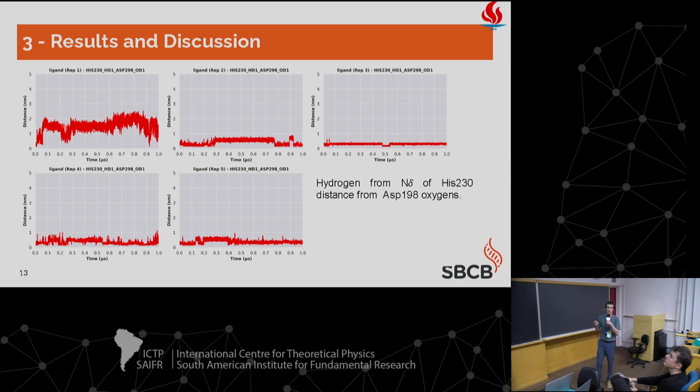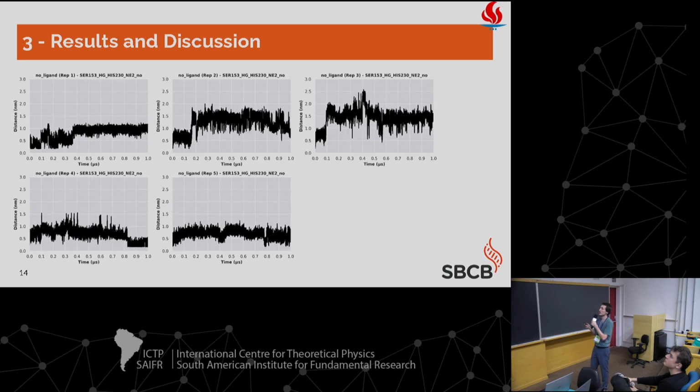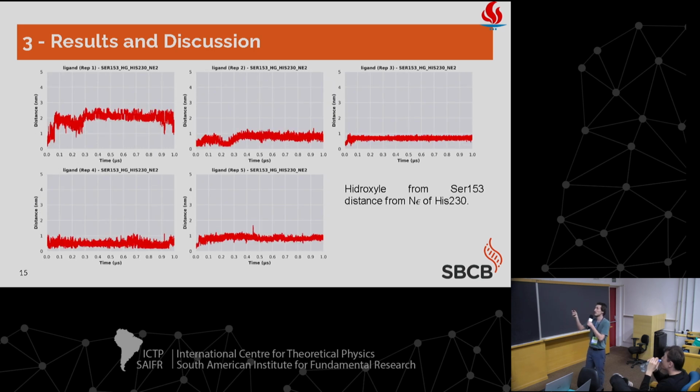This is also observable in the serine and histidine, which do not get together when PET30 is free. But in the bound system, they approximate in replica 3.